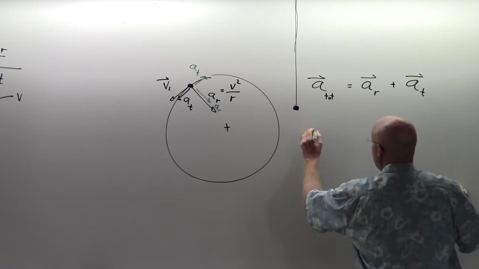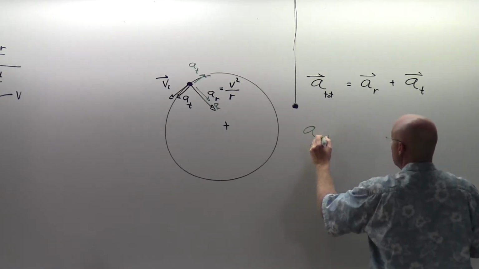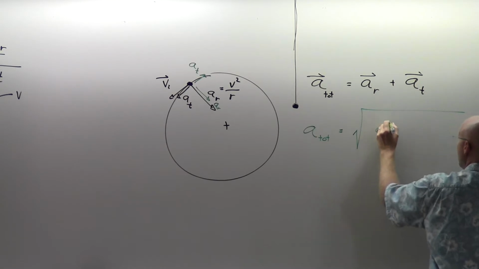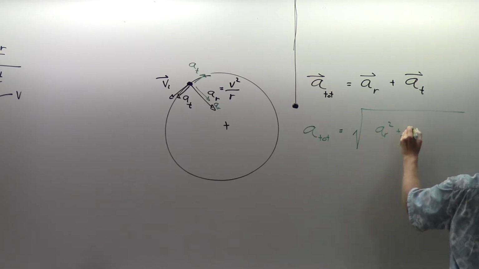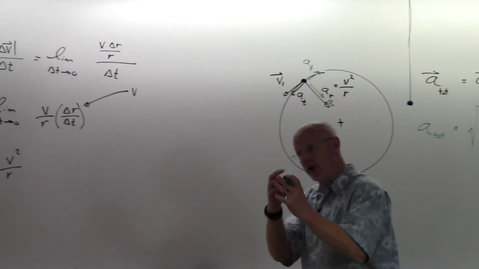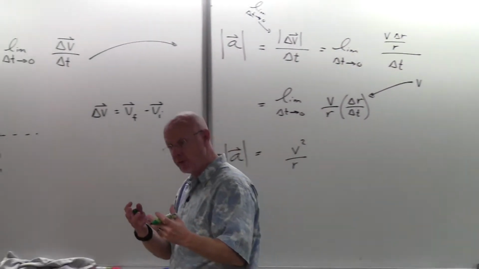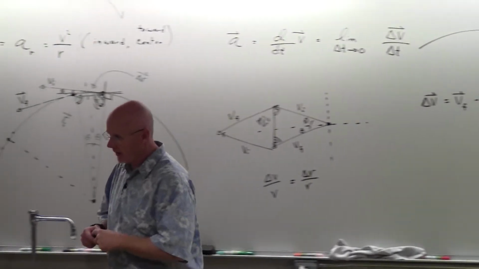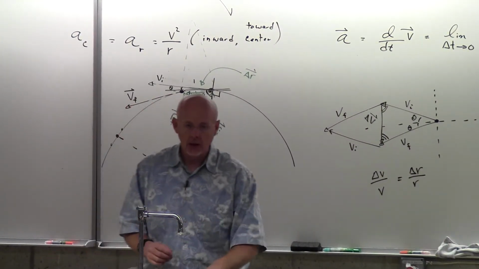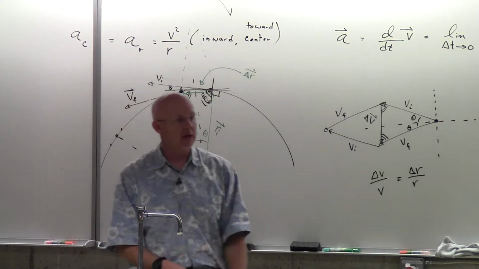So the magnitude of the total acceleration would be the radial part and the tangential part, combined together. Now they're at right angles, they're components, so you'd have to use the Pythagorean theorem, right? We would say add them in quadrature to get the total result, but that's what we get for things going in a circle.